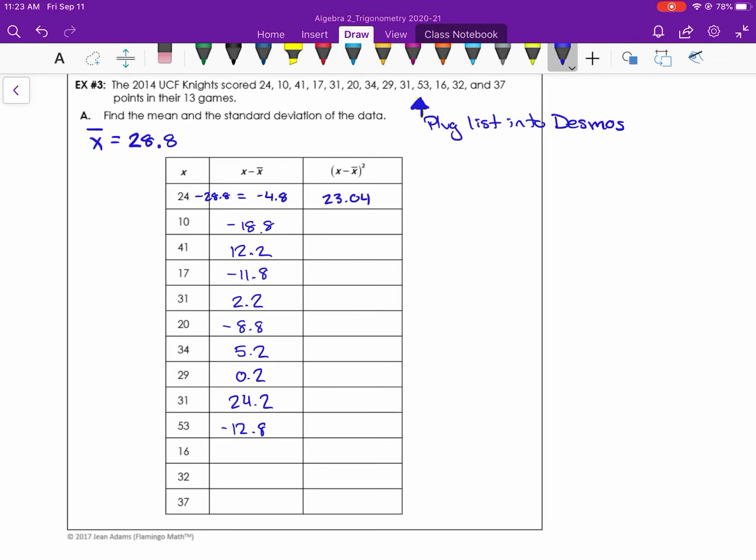Uh-oh, I got a typo here somewhere. There we go. 31 is 2.2, 53 is 24.2. Okay, and then you just take this second column here and you just square all those answers.